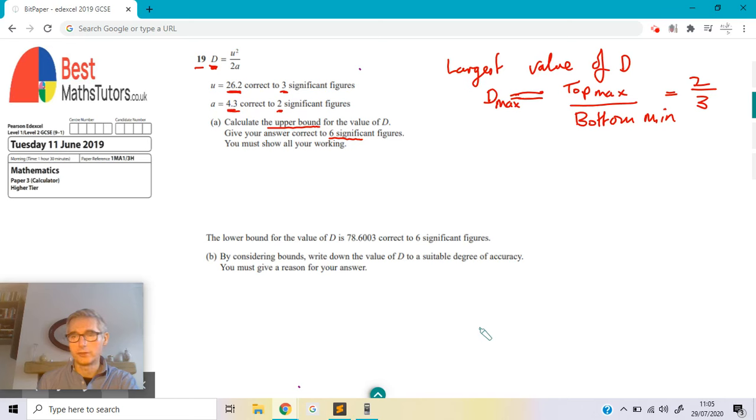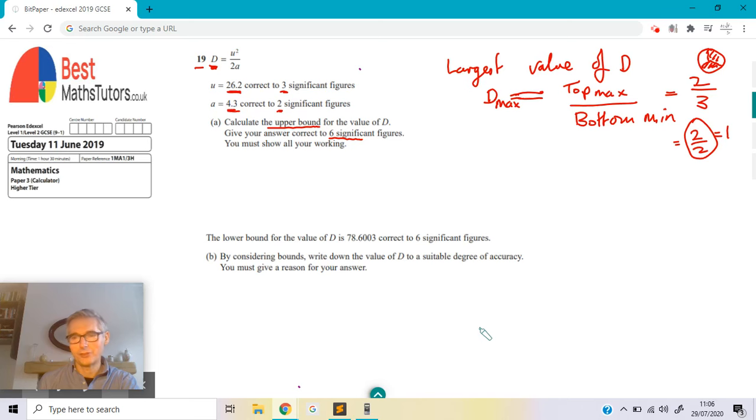Compare that with 2/2: I've reduced the number on the bottom, and the overall value has got bigger because 2/2 is equal to 1 whole, whereas 2/3, if you consider it as a slice of pie, is only this much of the whole.